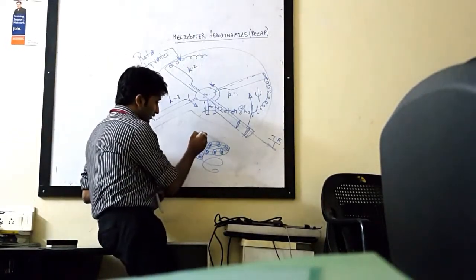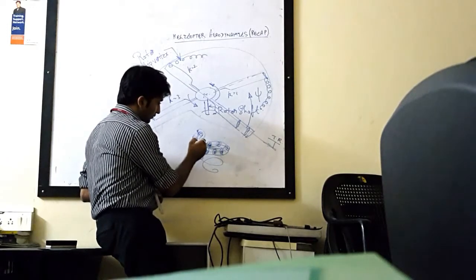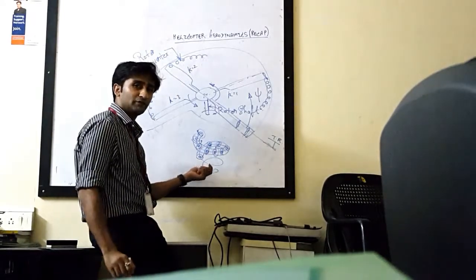So now each one will rotate about its own axis like this. It will rotate, rotate. So this is a very complicated field.